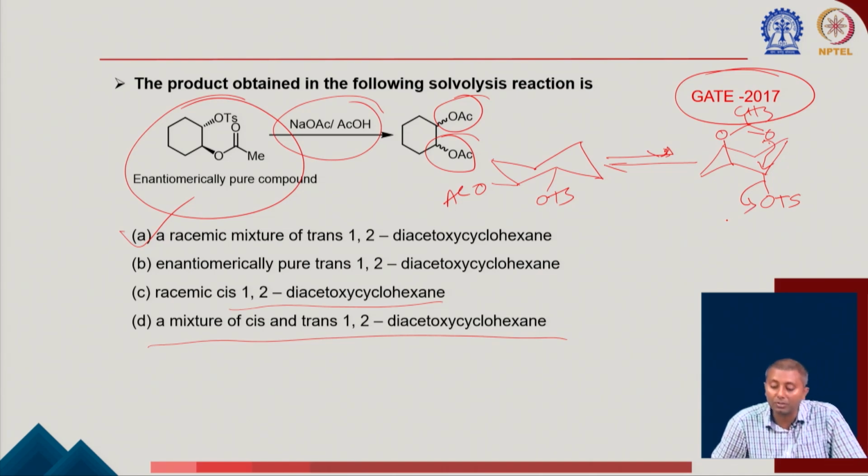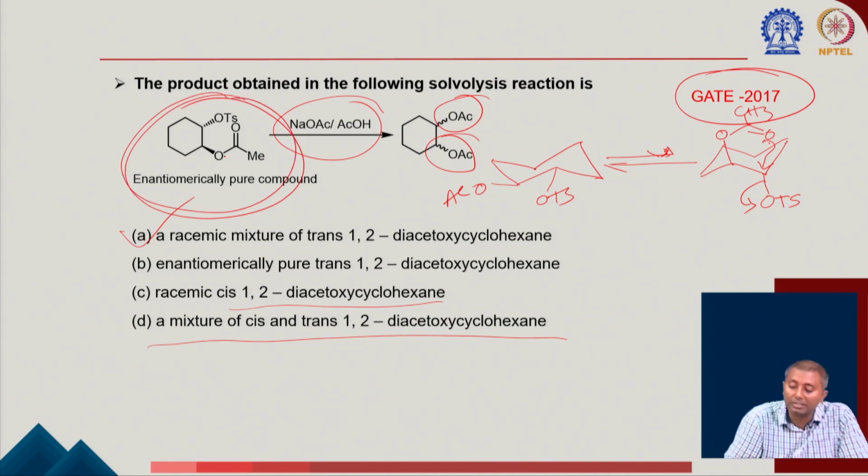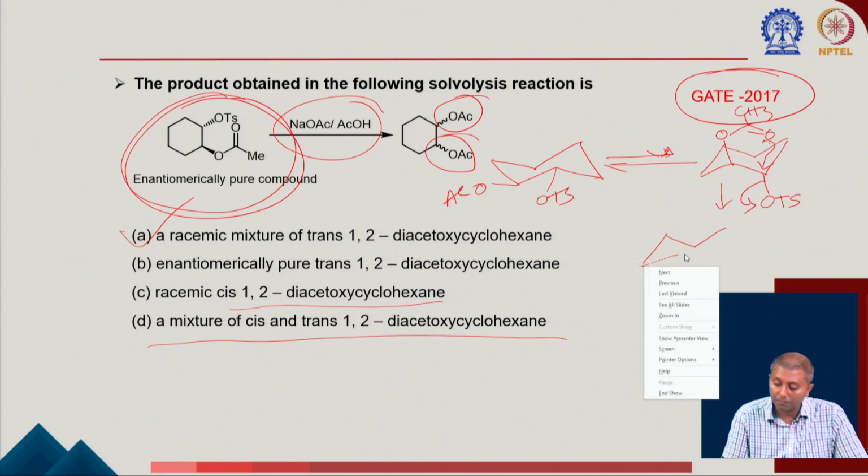So once that is happening, you started with an enantiomerically pure compound, so it's a trans, and now let me try to draw the next step. So you are forming some sort of oxonium here.